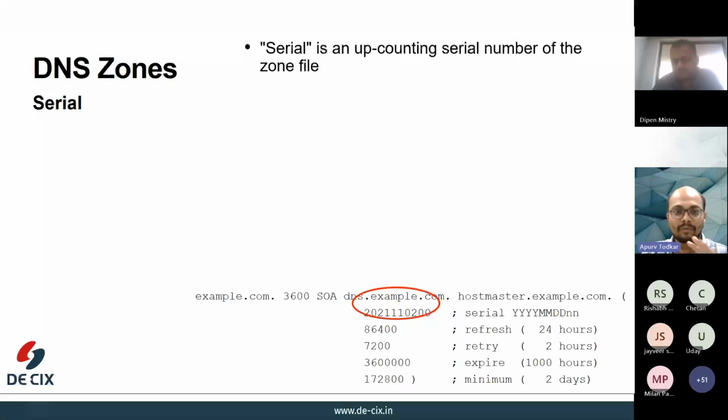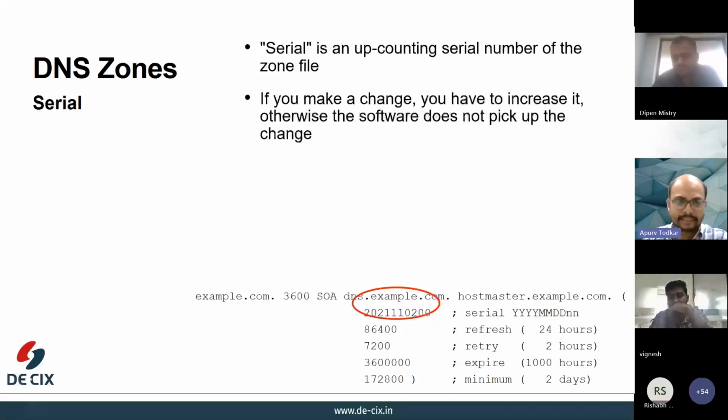Otherwise, the name server won't pick up the change. So in this case, the serial number is nothing but a date that is specified, 2020, 2021, that is 11, then 02, and then subsequently the first change, that is 00, being put into the serial number for quoting the change number to it.